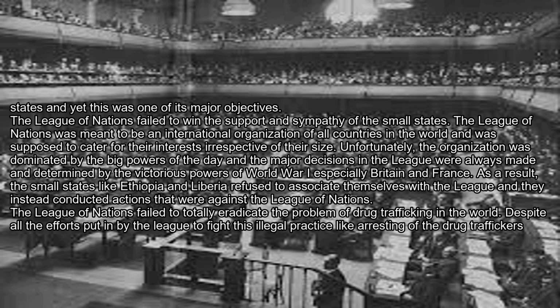However, the League of Nations failed to force Germany out of this zone. It also failed to stop the German invasion of Austria in 1938, Czechoslovakia in 1939, and finally Poland in September 1939. The League of Nations therefore failed to guarantee or protect the independence of the member states, and yet this was one of its major objectives.